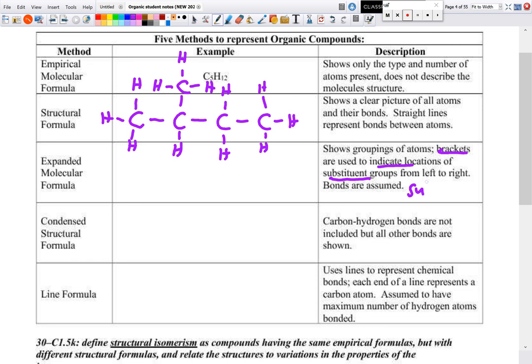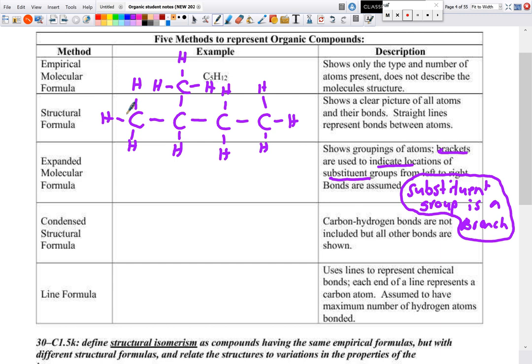So what a substituent group is, is a branch. I know you haven't heard the word branch before, but as I write the expanded molecular formula, it'll make sense which one is the branch.